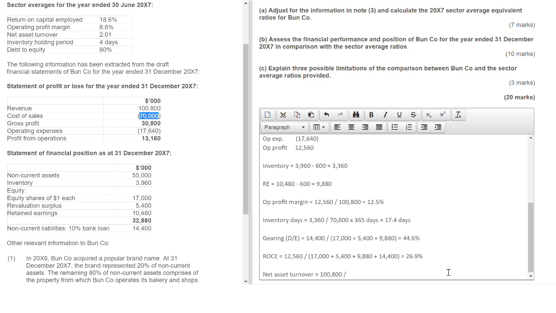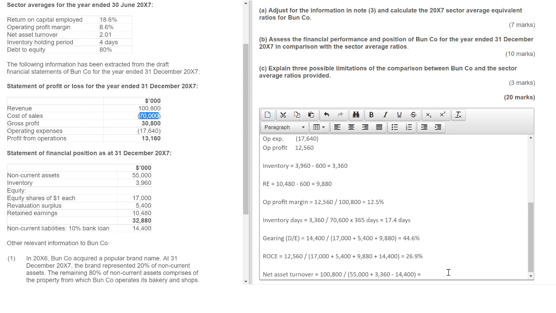Your net assets, well, here you've got a bit of a calculation to do. 55,000 plus your inventory, so that's the adjusted inventory figure of 3,360, and then deduct the 14,400. You're not given any other assets. You're not given any other liabilities. You would need to take account of those if they were given, but there's no mention here.